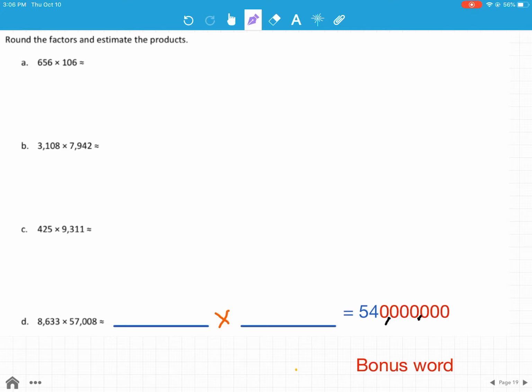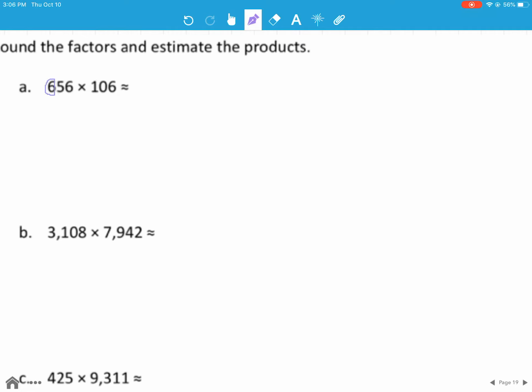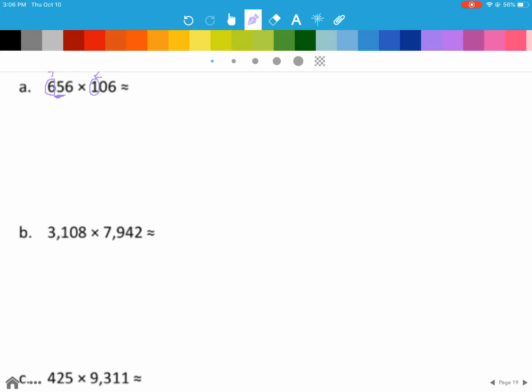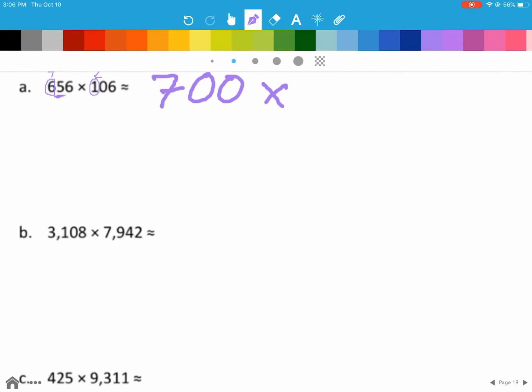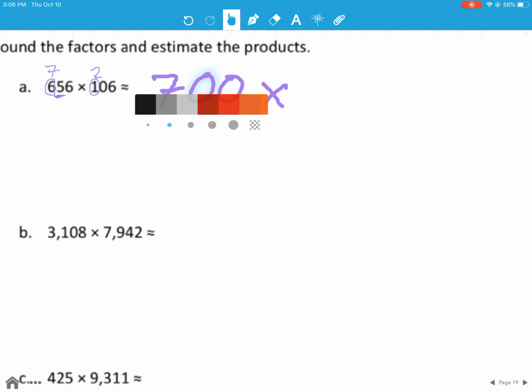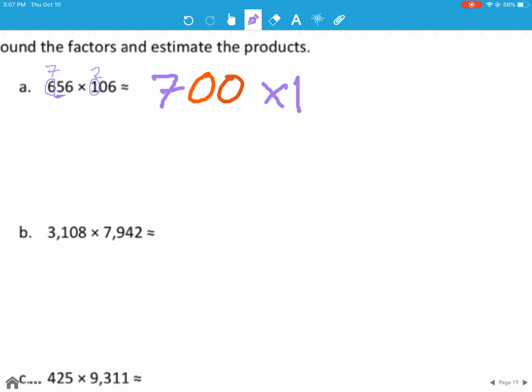All right, so here we go again. This one, they're both hundreds. And this one could become a 700. This could be a 200. Now, we look at the 5, and that tells us that it is going to rise. So we have 700 times 100.